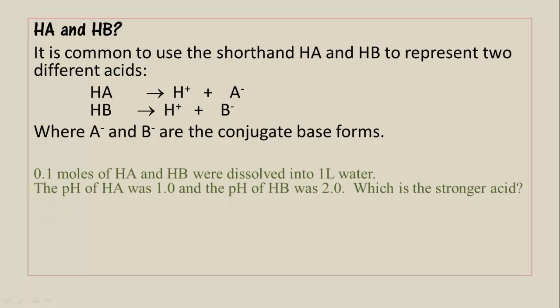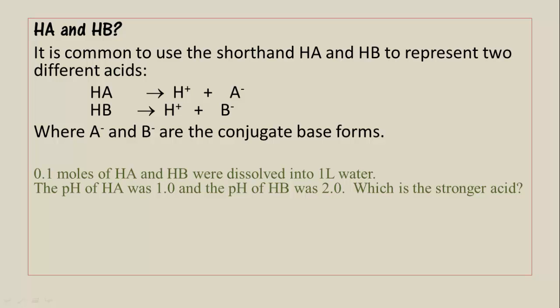If 0.1 moles of HA and HB were dissolved into 1 litre of water, and the pH of HA was measured to be 1.0, and the pH of HB was measured to be 2.0, which is the stronger acid? What do you think the answer is? But most importantly, how would you explain it? What would you write down?